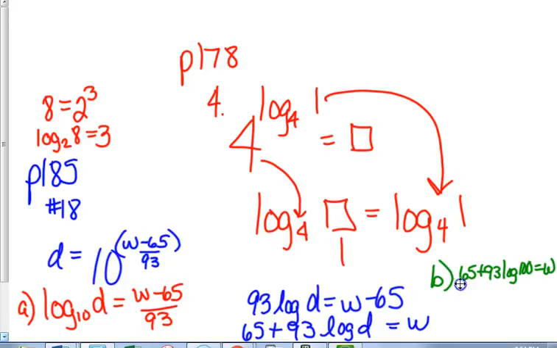So then we'd have to do 65 plus 93 times 2. I still like the calculator. 186 plus 65 is what? 251 miles per hour is the wind speed that would cause it to travel 100 miles according to this weird formula.